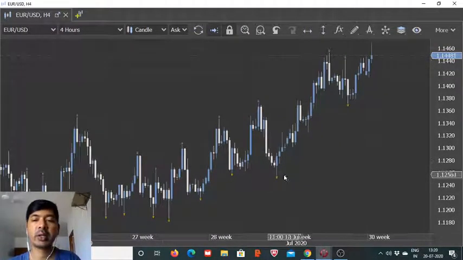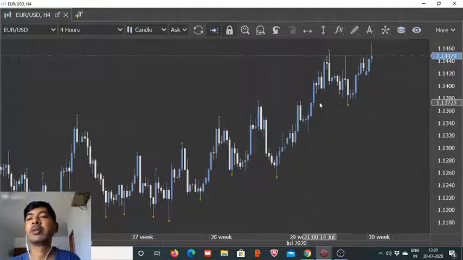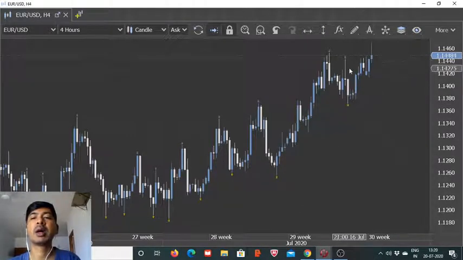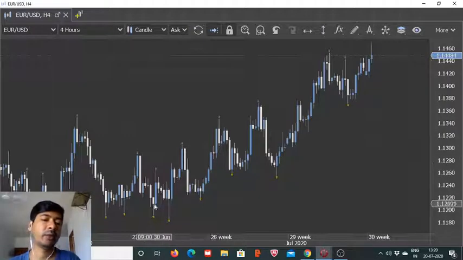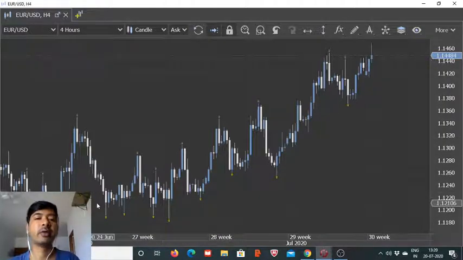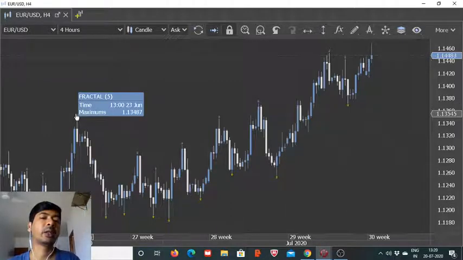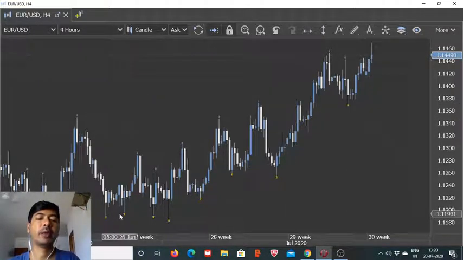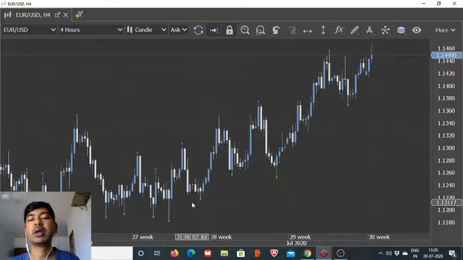So here you can see new fractal minimums and maximums are forming as and when the conditions are being fulfilled. So we have these maximums and minimums formed at various points in time on this chart, which are clearly visible here.